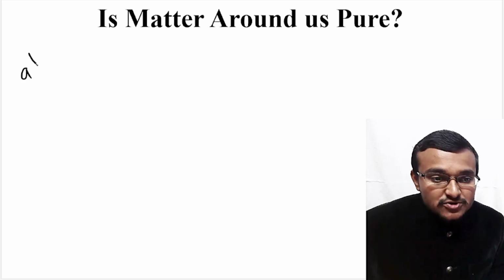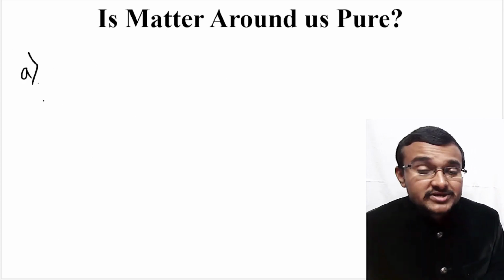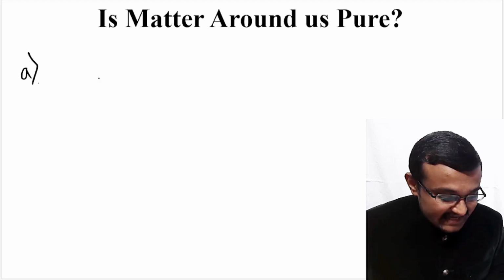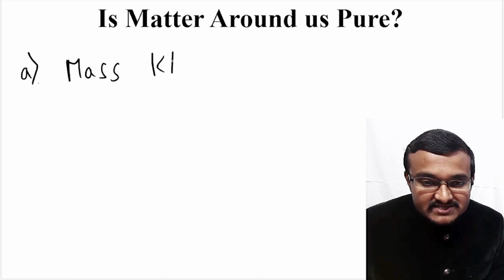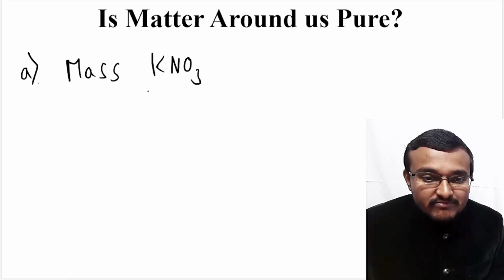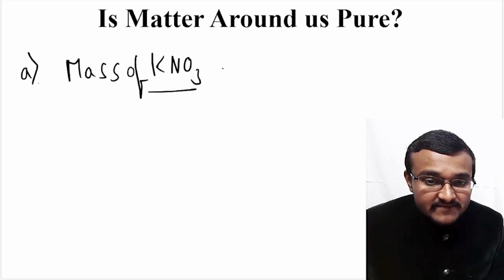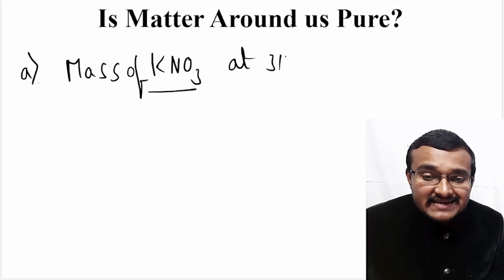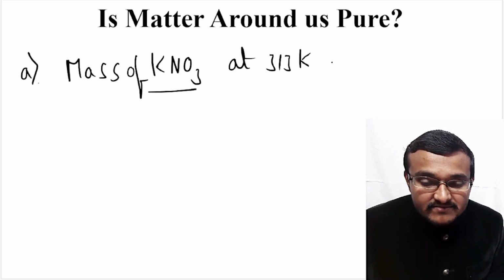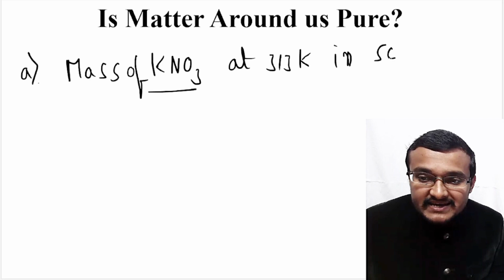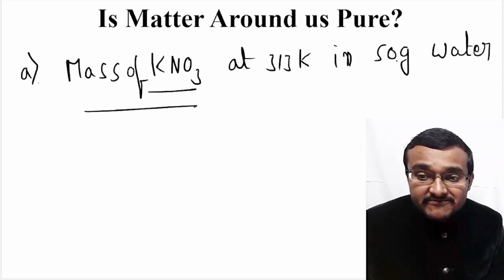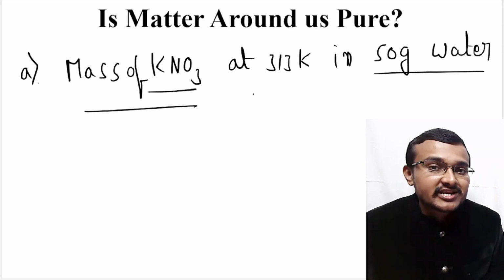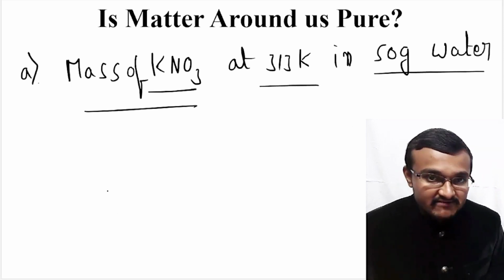Coming to question A in this third question, they are asking for the mass of potassium nitrate, that is KNO3, at 313 Kelvin in 50 gram of water. What is the maximum mass of KNO3 that 50 gram of water can dissolve at 313 Kelvin?